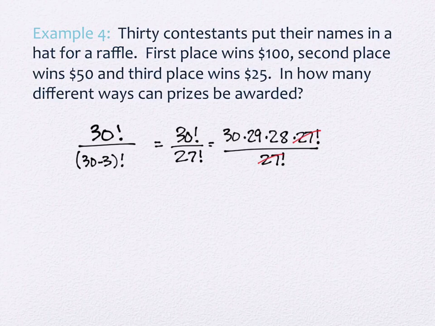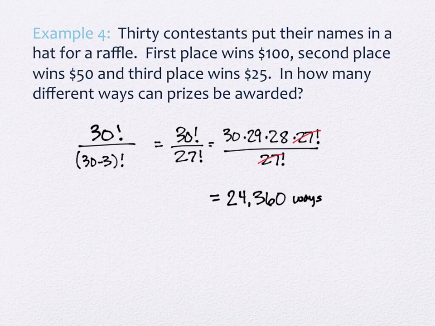I just have 30 times 29 times 28. And what do we get? 24,360. There are 24,360 ways this can happen.